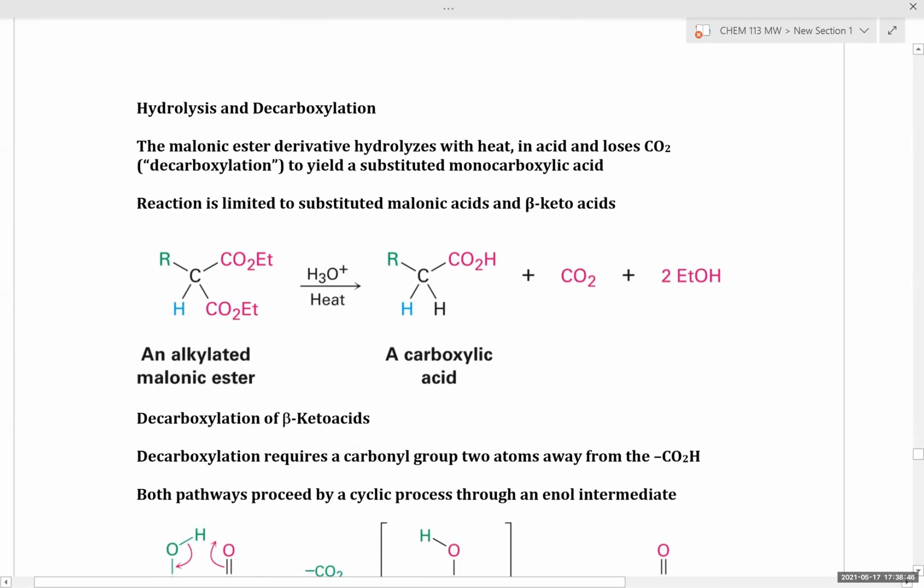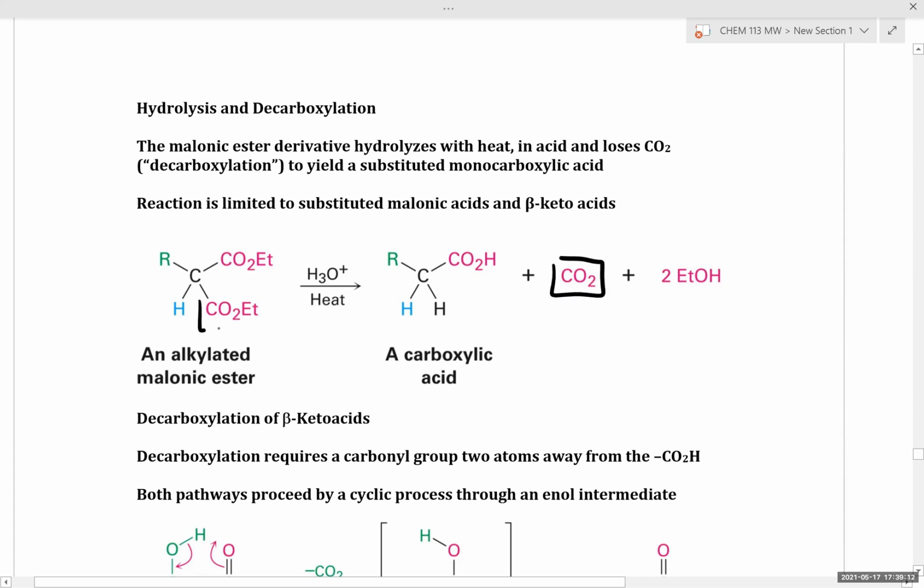So in order to prepare your carboxylic acid or carboxylic acid derivative, we're going to need to hydrolyze and decarboxylate this malonic ester. Malonic esters are unique, similar to beta ketoesters, in that upon treatment with strong acid and heat, they decarboxylate to yield a carboxylic acid and carbon dioxide.